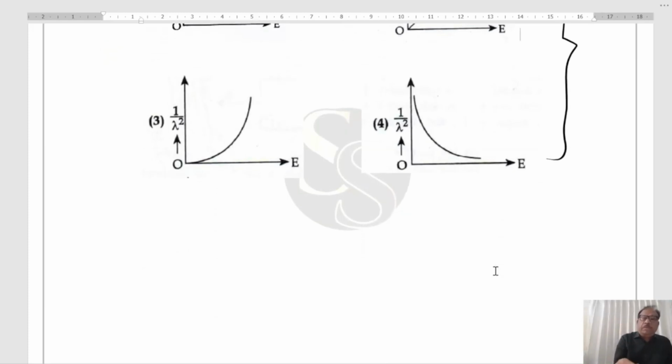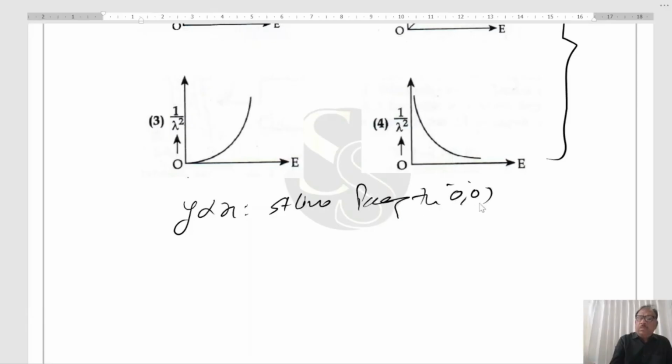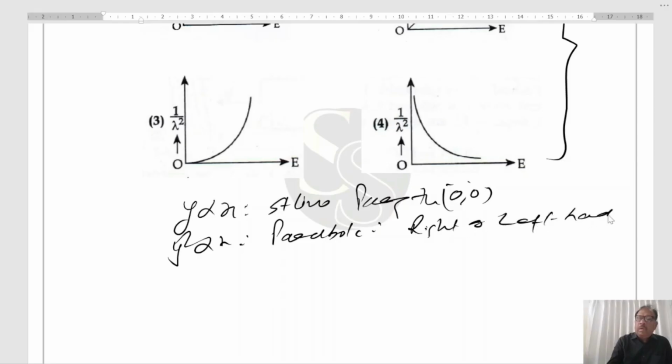In case of graphs, y proportional to x is a straight line passing through the origin, (0, 0). y square proportional to x is a parabola, right-handed and left-handed. x proportional to y square is also a parabola.